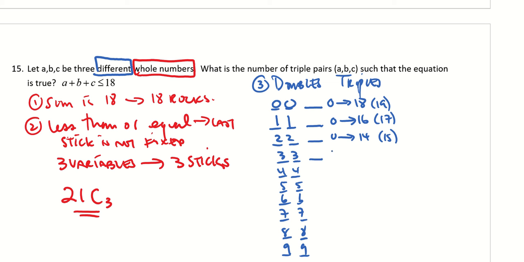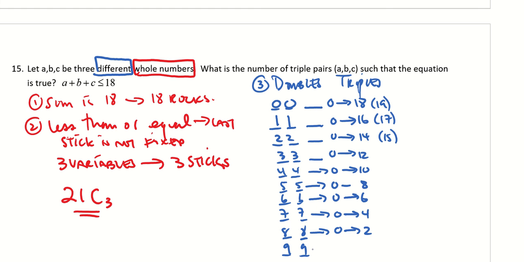Again, this last number could be anything from 0 to 12. 4 and 4, it could be 0 to 10. That gives you 18 altogether. 5 and 5 could be 0 to 8. 6, 6, it could be 0 all the way to 6. 7, 7, it could be 0 all the way to 4. And then 8, 8 could be 0 all the way to 2. And then 9, 9, it could only be 0.